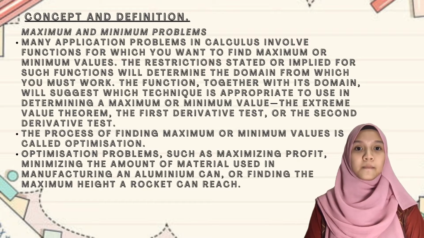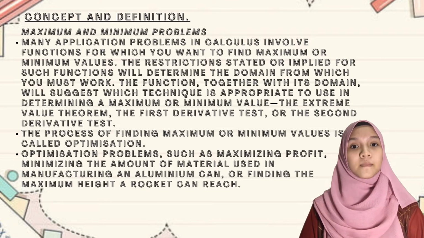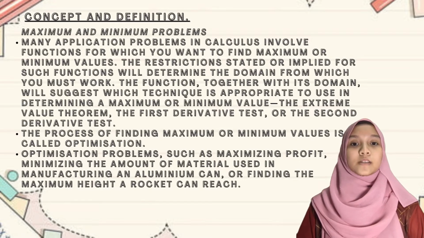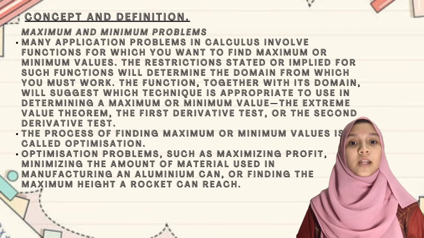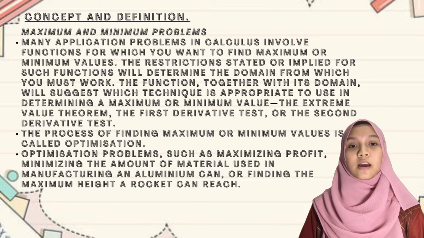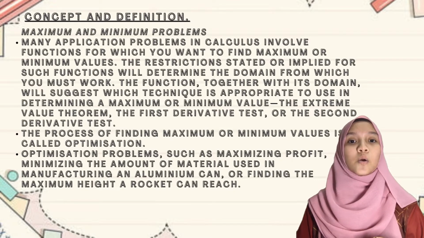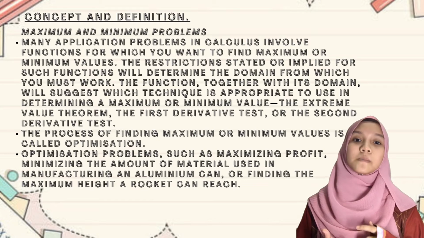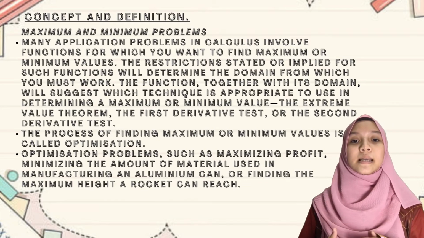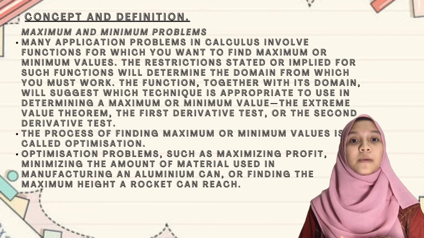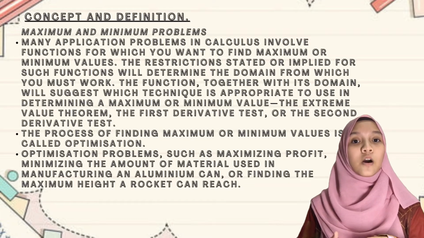For example, the extreme value theorem, the first derivative test, or the second derivative test. The process of finding maximum or minimum values is called optimization. Finding the maximum and minimum values of a function also has practical significance because we can use this method to solve optimization problems such as maximizing profit, minimizing the amount of material used in manufacturing an aluminium can, or finding the maximum height a rocket can reach.